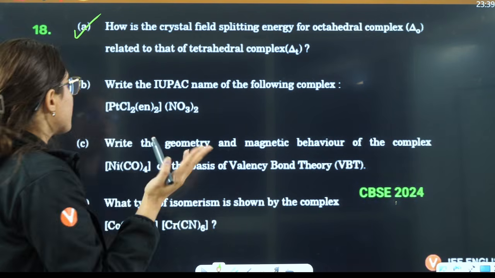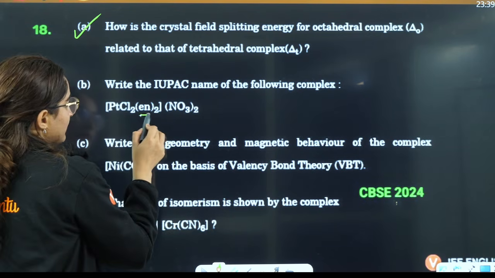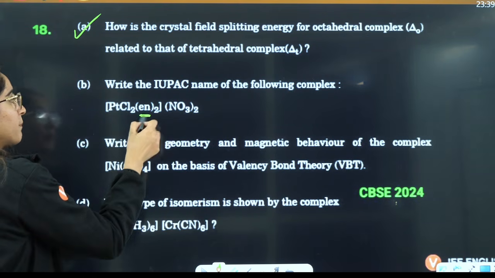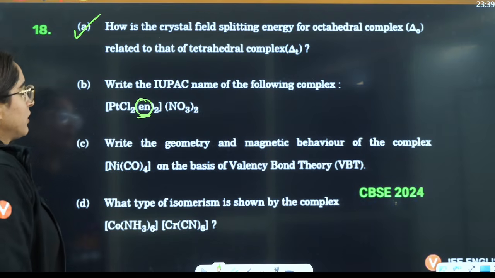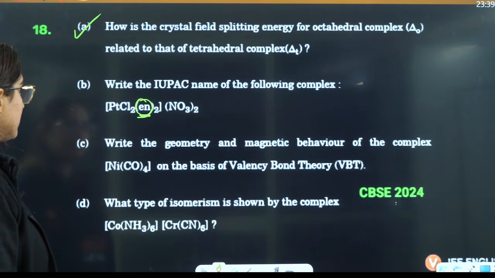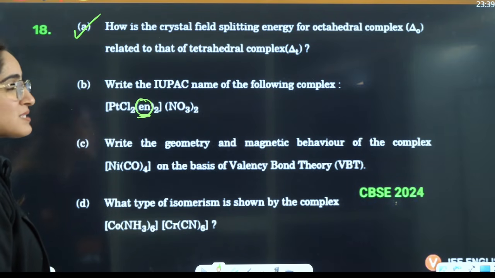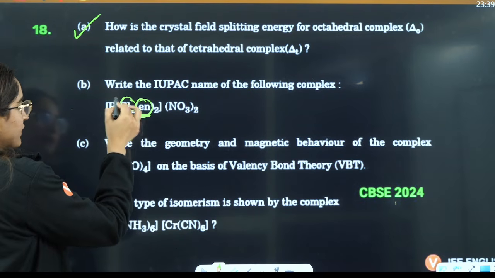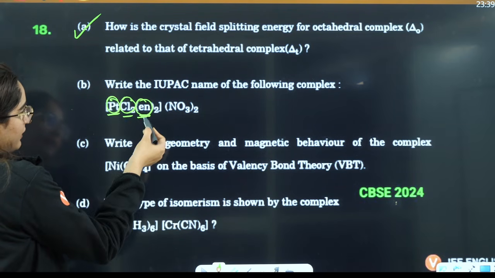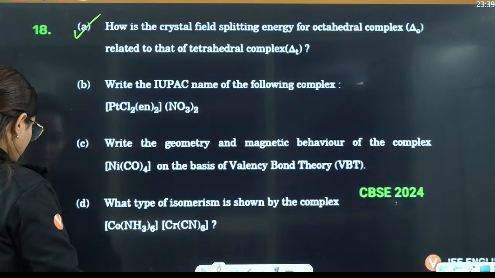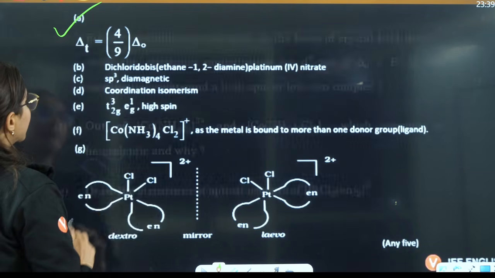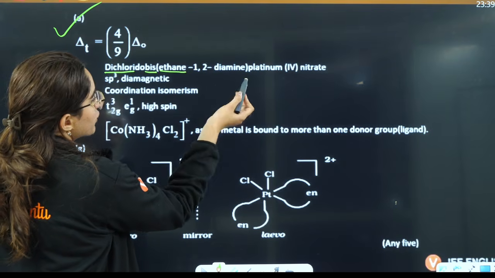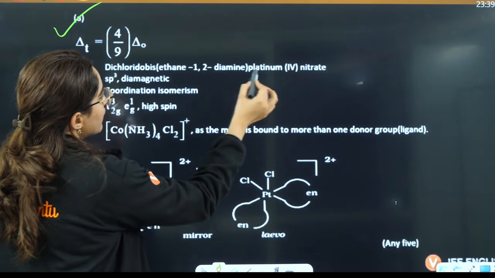Write the IUPAC name of this one. So it is what? Diamine, ethylene diamine, right? Dichloro, with platinum, and then you will calculate the oxidation state. Simply, you will write dichlorido bis(ethane-1,2-diamine) or ethylene diamine platinum.